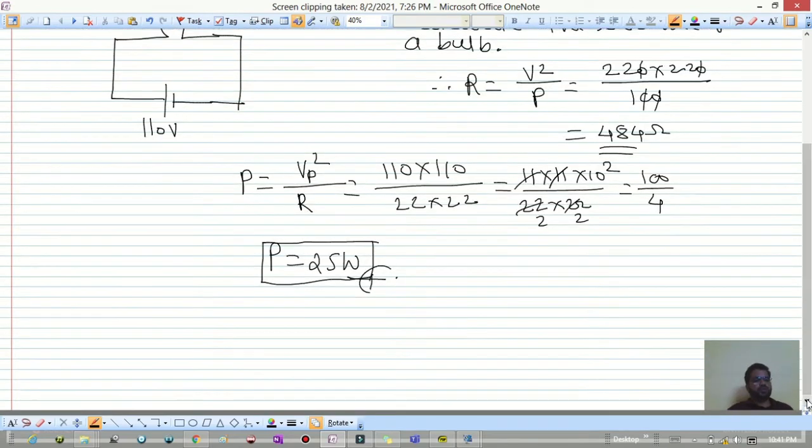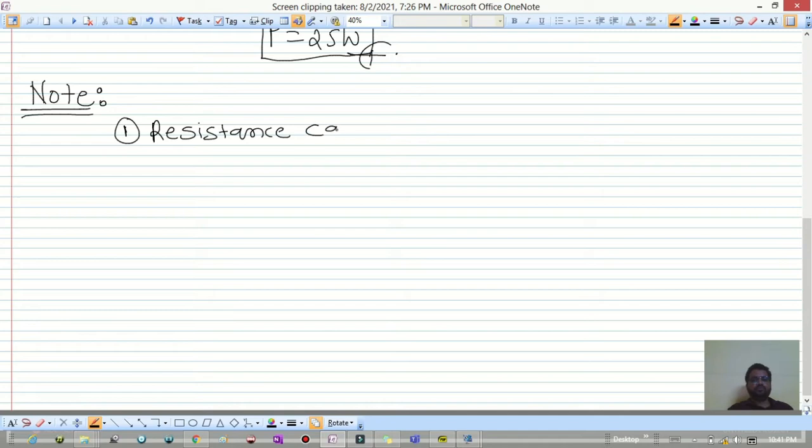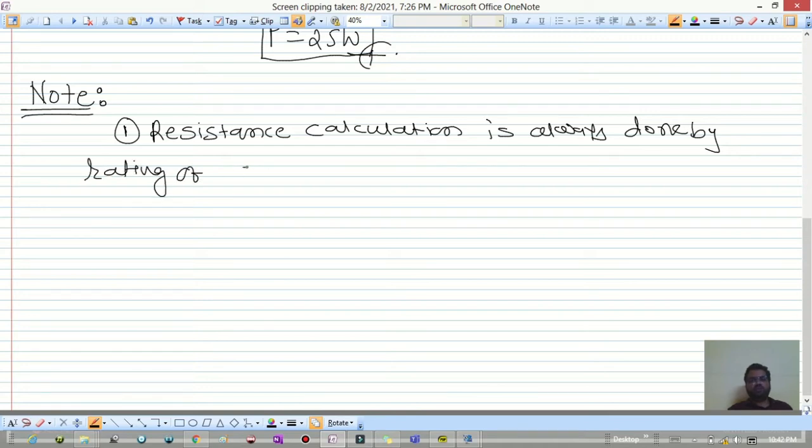Okay, so I hope this is clear. Now write down 2-3 points that are very important for you all. Over here, the first point is that the resistance calculation is always done by the rating of a bulb.